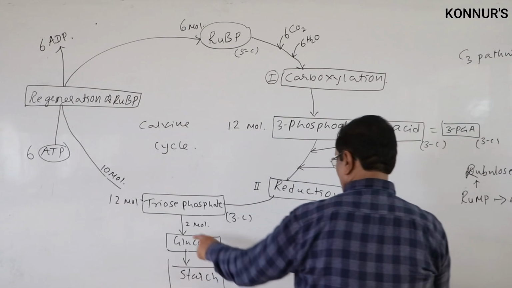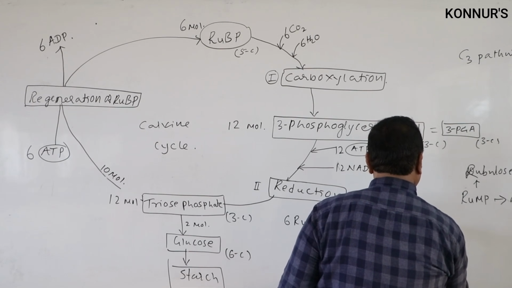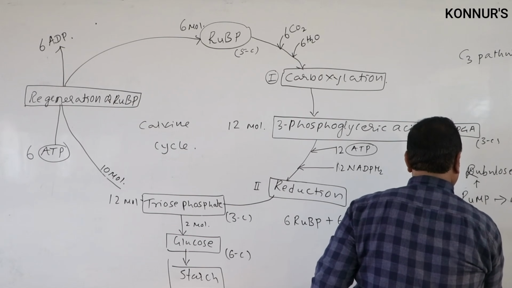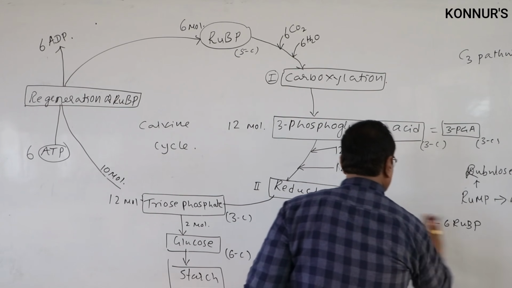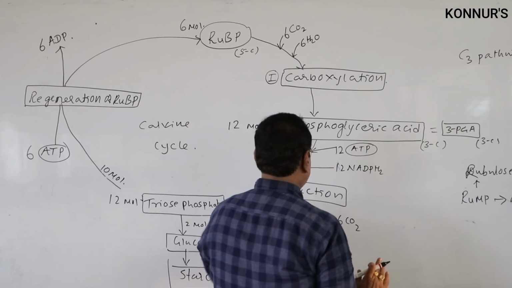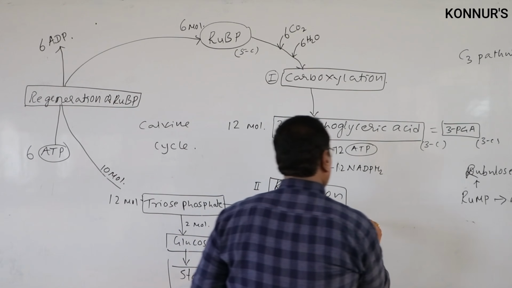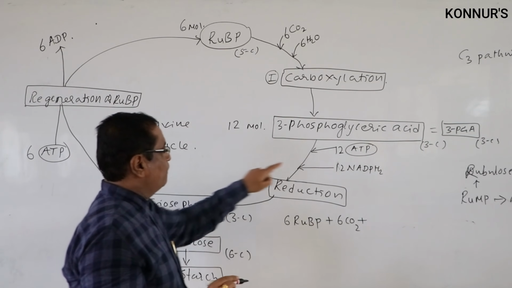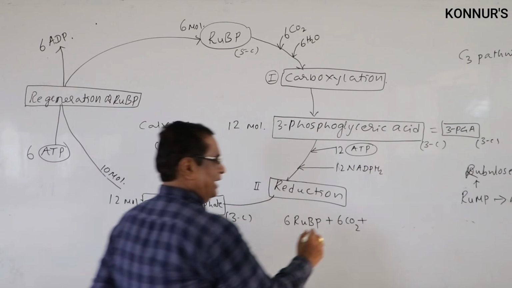The product formed is C6H12O6, and 6 RuBP are used. And one more thing, 6 RuBP fixes 6 CO2. Total number of ATP used in this, here 12, here 6, 18 ATP.